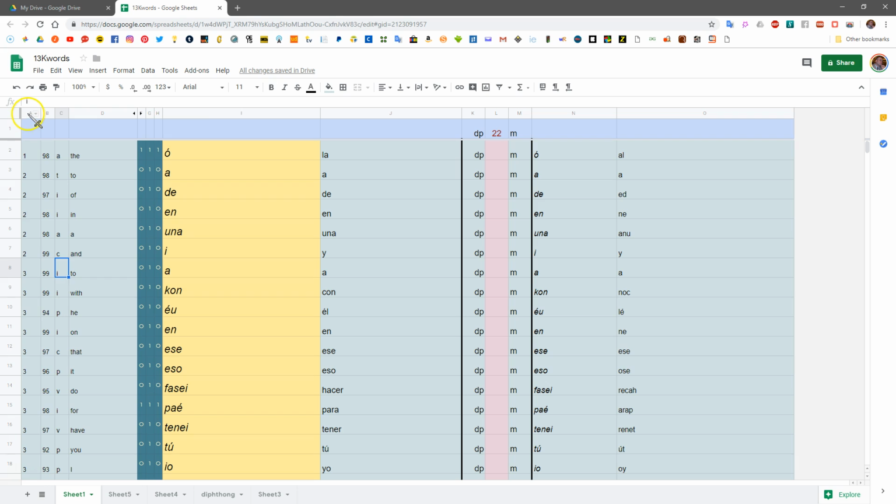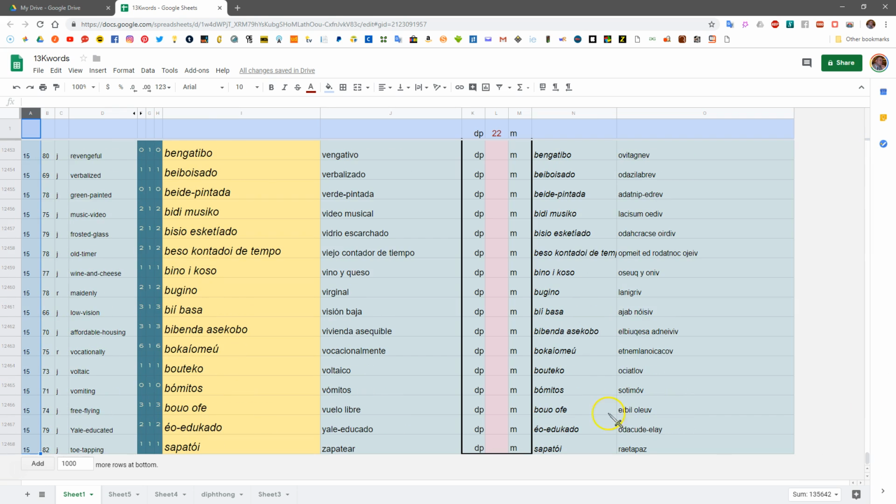Here are the columns. This column is frequency, and the rarest words are down here: Yale educated, toe tapping, vomiting. I'm glad to see that vomiting is rare, but I believe vomiting really does not belong there. Considering my cat Leah, vomiting is not something that should be that rare of a word.